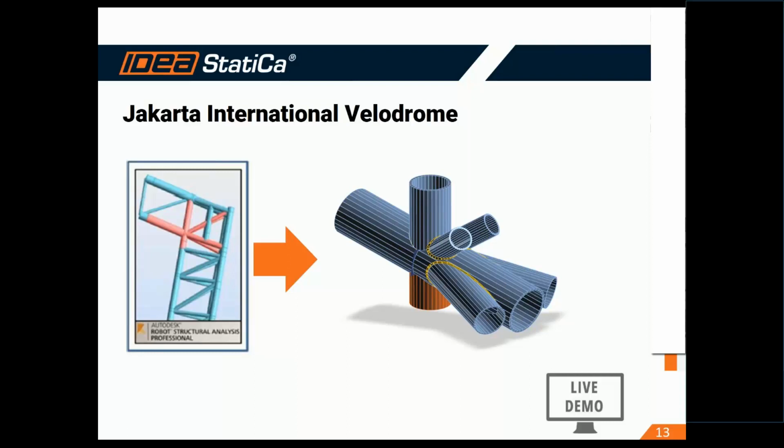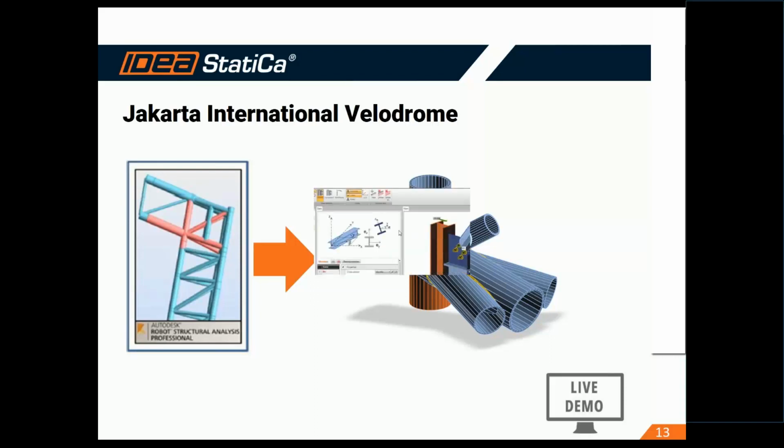So without any further delay, I will switch over to Kostis, who is going to show this example, how we can model this from scratch and design it according to the Eurocode. So I'm going to give you, Kostis, the screen.